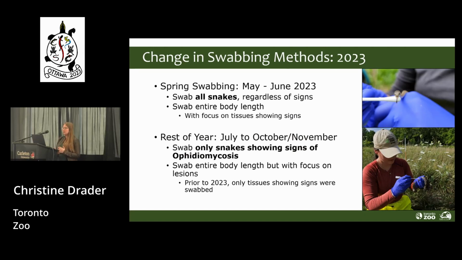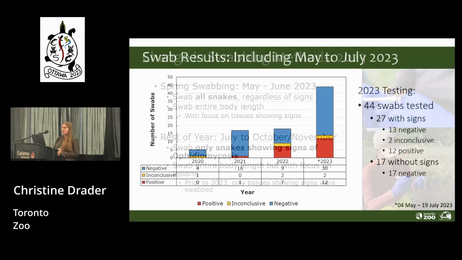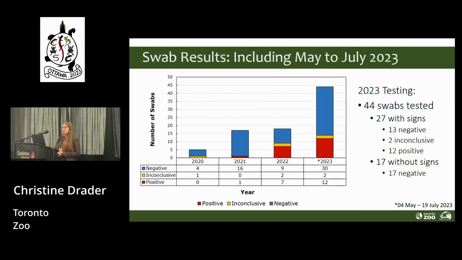But after that, in July until the end of our surveying period, we're going to be swabbing only snakes showing signs, for funding purposes. Prior to 2023, it was only the tissues sampled, but here we're still swabbing the entire length, with focus on any tissues that are showing signs.